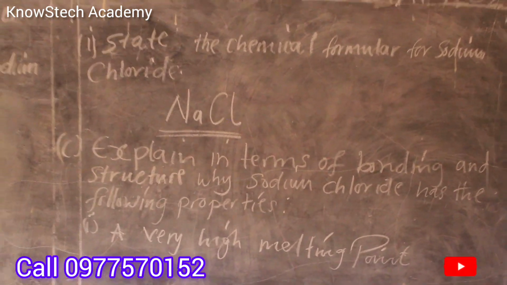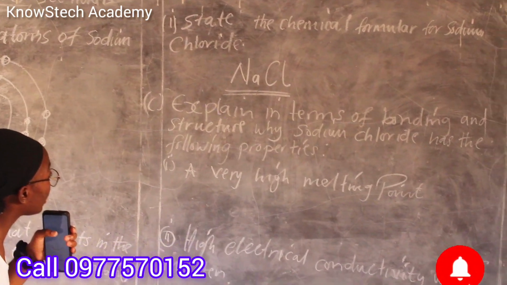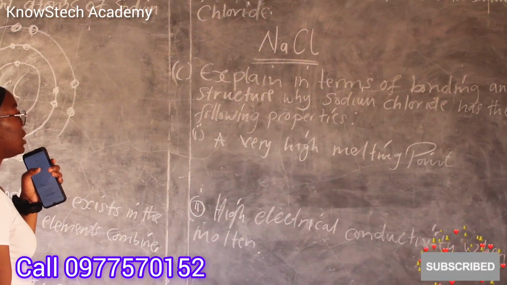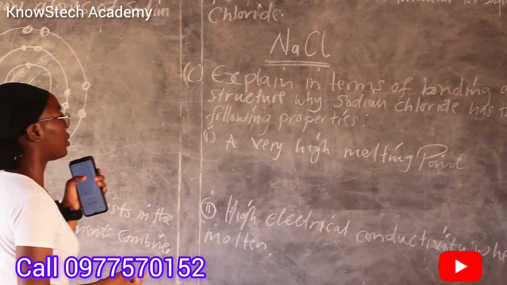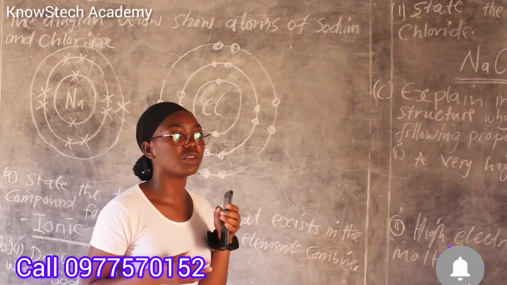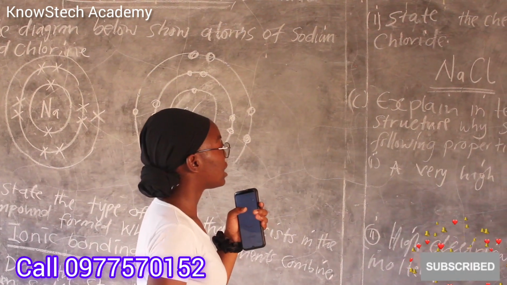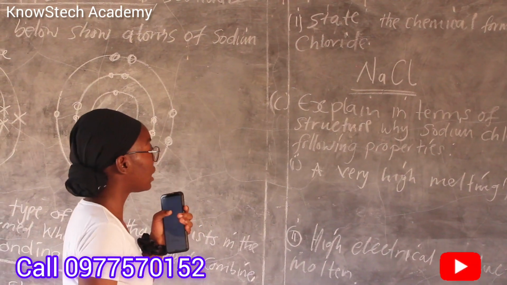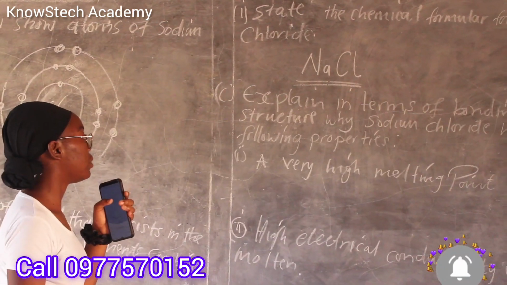Question C. Explain in terms of bonding and structure why sodium chloride has the following properties: a very high melting point. So remember, sodium chloride, for it to be combined together, means it's ionic bonding. So in short, they're just asking us about the properties of ionic bonding. So why does sodium chloride have a high melting point?